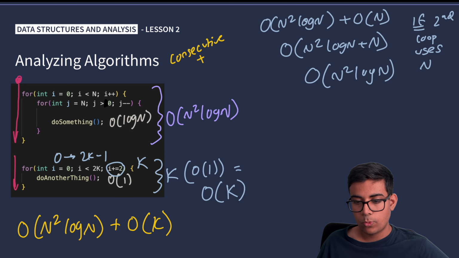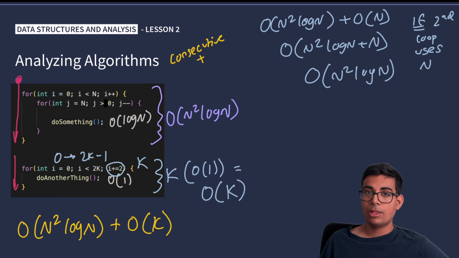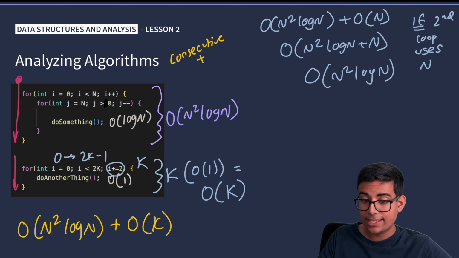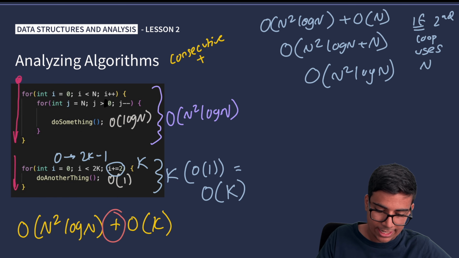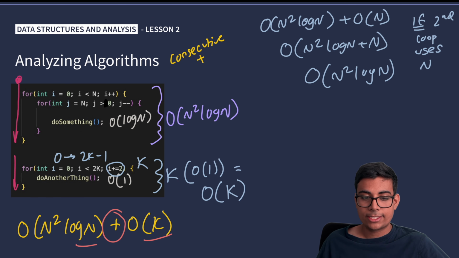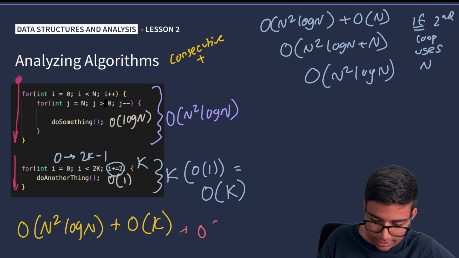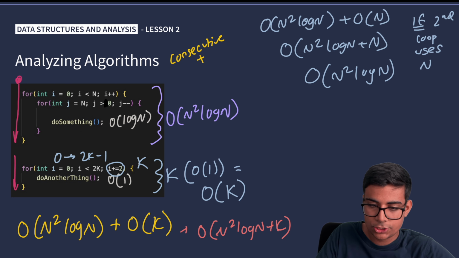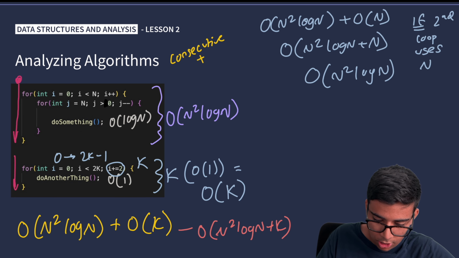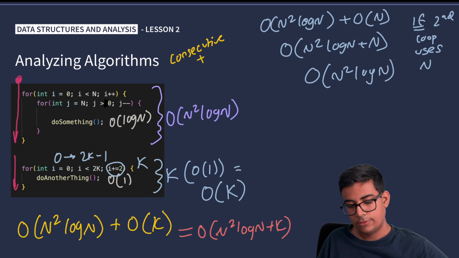That's why it's always one item. Whenever you're seeing O of n described, you're never going to see a plus, unless, as a final solution, you're adding together the complexity of two variables. Even in this case, I can probably write this as O of n squared log n plus k. Both are essentially equivalent, so you can write it either way there.